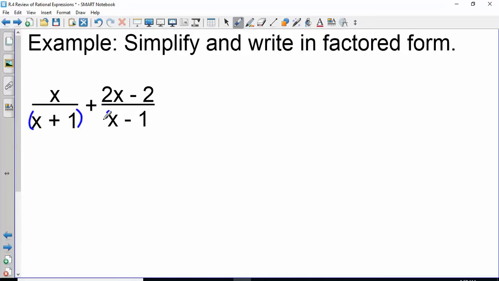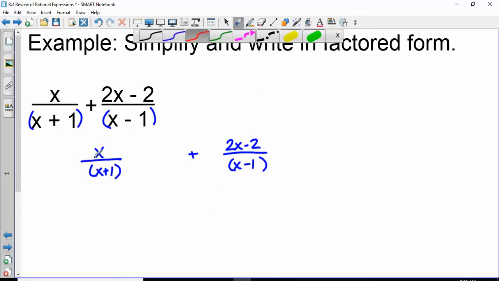Both terms have to be the opposite sign. Okay, so what we're going to do, I'm going to recopy this and give myself a little more room. So the first denominator is an x plus 1. I need to treat that as one thing. Second denominator is an x minus 1. So if I want to make these the same, what does the first one need so it looks like the next one?